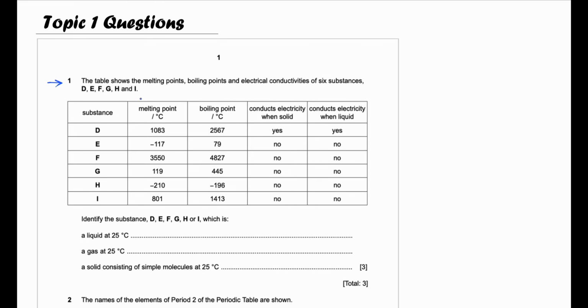Question 1. The table shows the melting points, boiling points, and electrical conductivity of 6 substances. Identify the substance D, E, F, G, H, or I, which is liquid at 25 degrees Celsius. Remember, between solid and liquid, the temperature is melting point, and between liquid and gas, the temperature is boiling point.